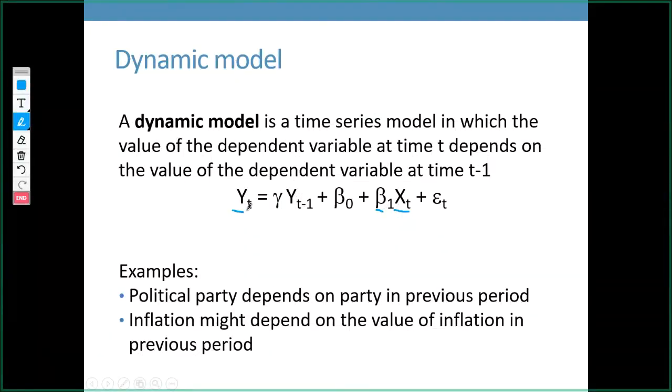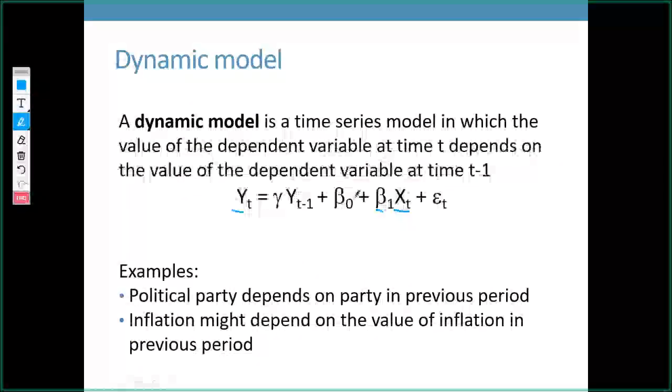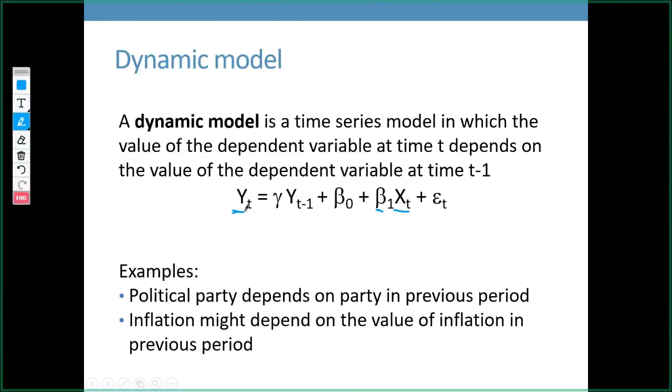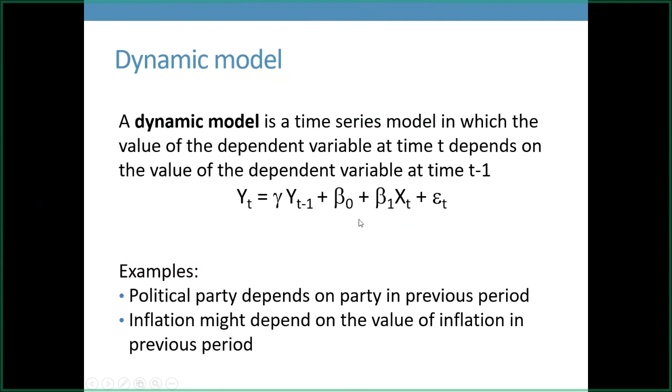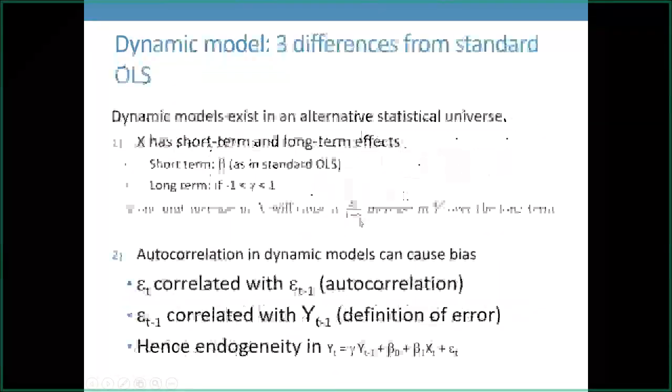However, yt is then going to be in tomorrow's equation, and yt is impacting yt plus 1, so the 1 unit increase in x is not just going to impact yt, it's also going to impact yt plus 1 and yt plus 2, and on and on. So the beta 1 coefficient loses some of its meaning, and we need to reinterpret it.